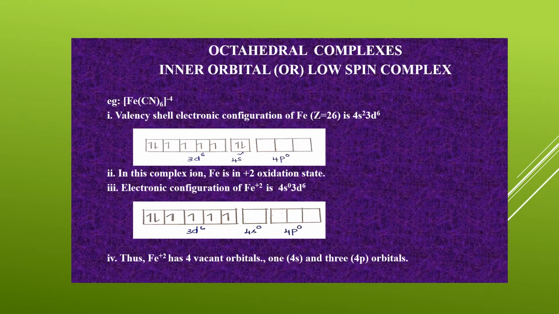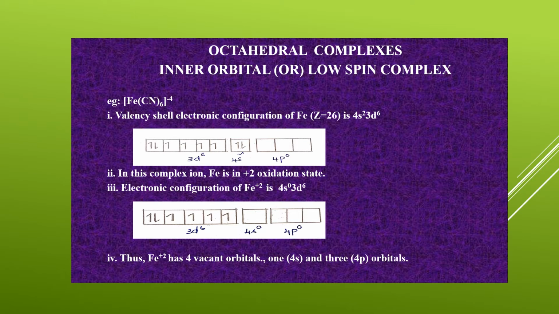If we observe the valence shell electronic configuration of Fe, whose atomic number is 26, it is 4s2 3d6. The outermost shell electronic configuration of iron is 4s2 3d6.